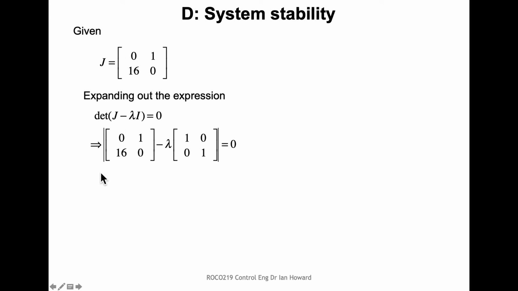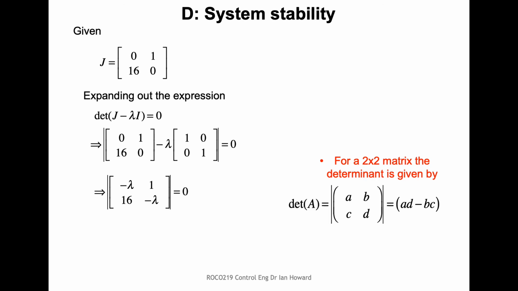We put in our effective A matrix, minus lambda times I. We go through element by element, so this is 0 minus lambda, this is 1, this is 16, and this is 0 minus lambda. We calculate the determinant, which I'm representing by these vertical lines. It's going to be this element times this element, take away this one times this one.